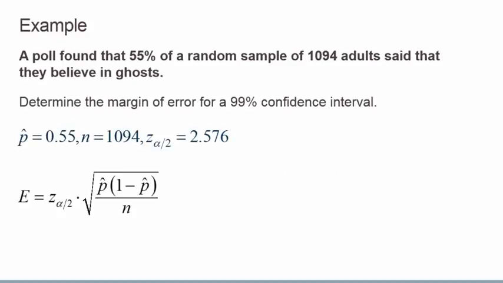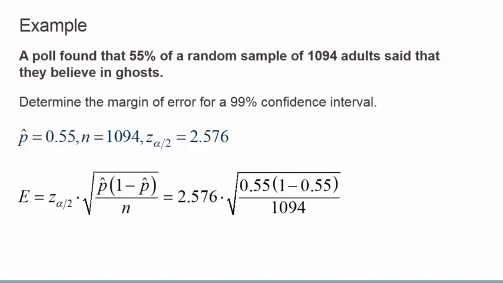E equals z sub alpha divided by 2 times the square root of p hat times 1 minus p hat divided by n. Substituting, 2.576 times the square root of 0.55 times 1 minus 0.55, divided by 1,094.